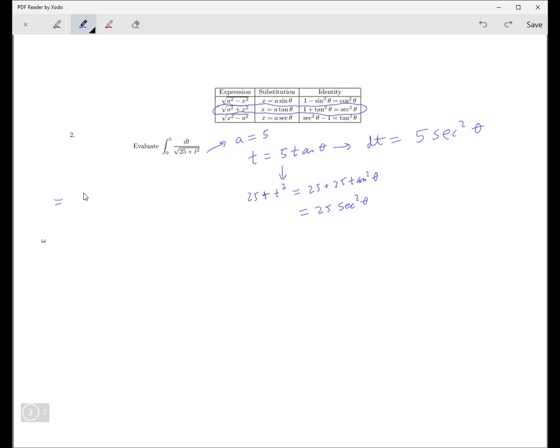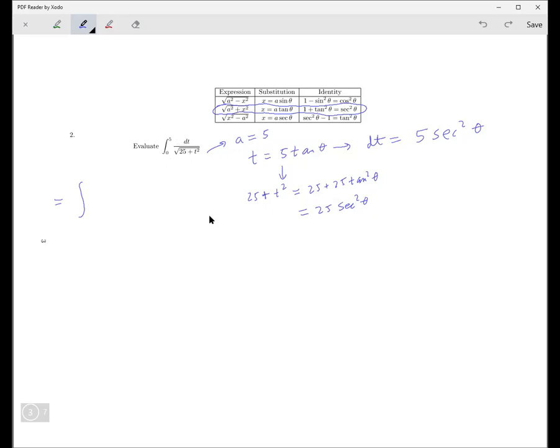Okay, then we go ahead and plug everything in. Now, in this case our limits of integration are 0 and 5, and 5 is our a, and 0 is a nice number, right?